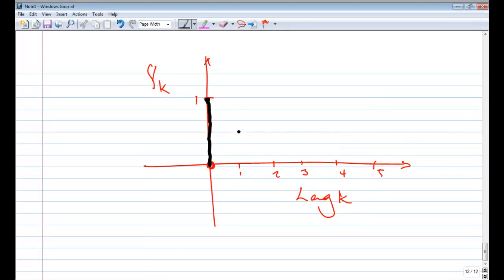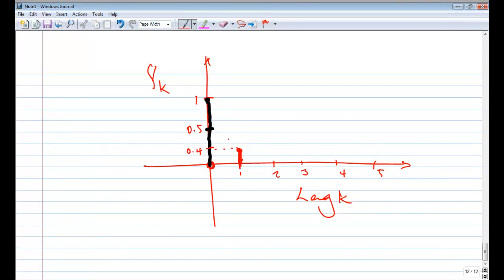If k equals 1, the autocorrelation function equals 0.4. Let's assume 0.4 is somewhere here, and 1 is here, so you just draw this line.